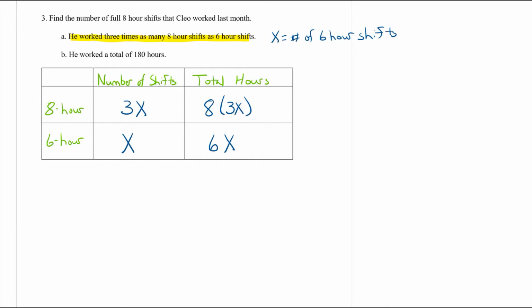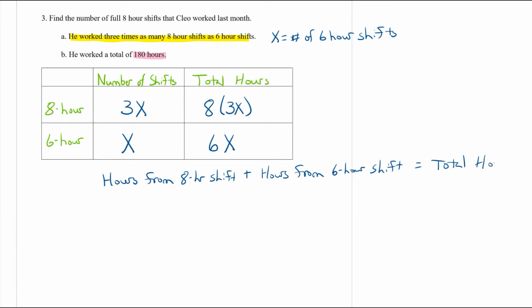And because he works a total of 180 hours, you'll hear me say this phrase a lot, we're going to do part plus part equals whole. So we're going to do hours from 8-hour shifts plus the hours from 6-hour shifts equals total hours.